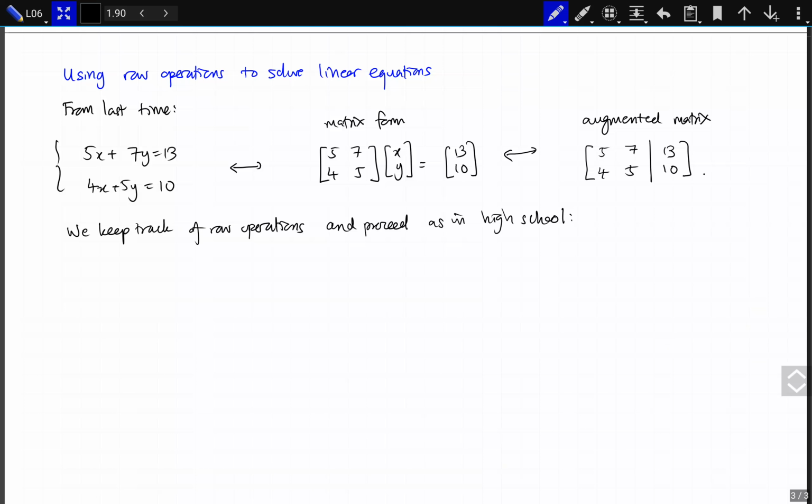You could cancel the y variable as well, so there's some choice. But we're going to cancel the x variable. And what we're going to do, we're going to multiply the first row by 4 in the augmented matrix. And we're going to multiply the second row by 5. So that's going to cancel out the x variable when I subtract.